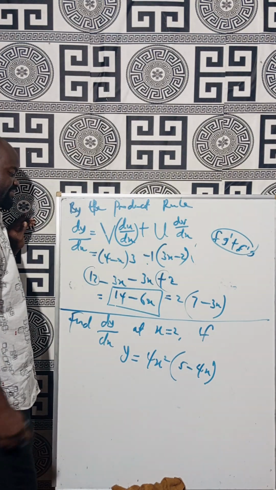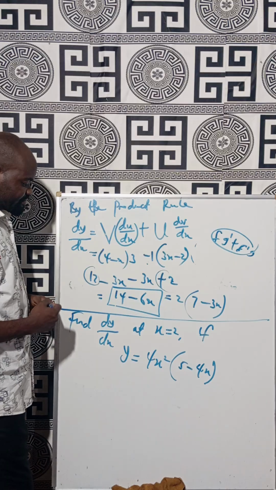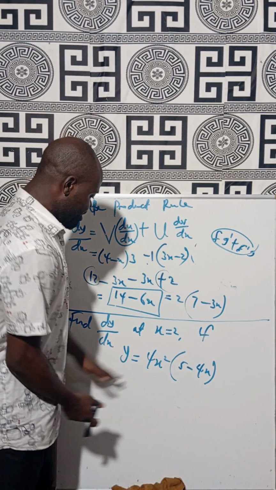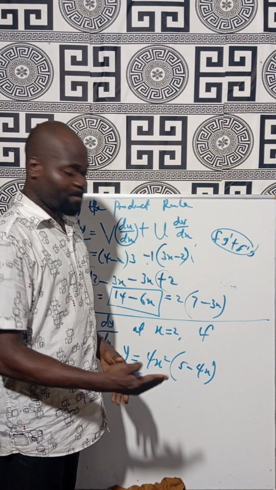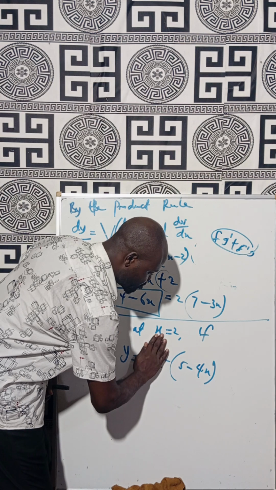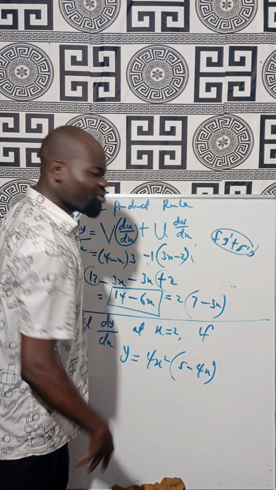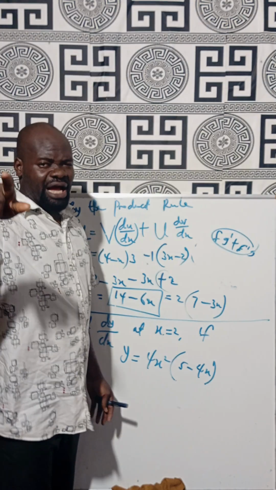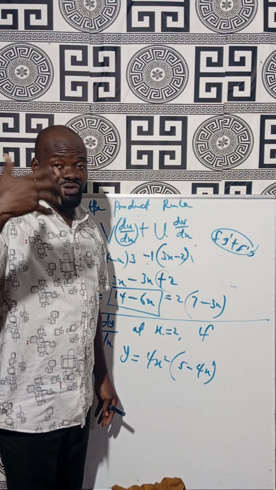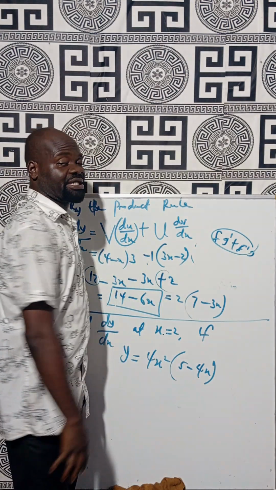Let's look at this. Obviously, this is also in the form of a product. 4x squared is my u multiplying this v, u times v. Understand now? So try and pause the video and do it yourself. Try and see if you can do it yourself, and drop the answer for me.